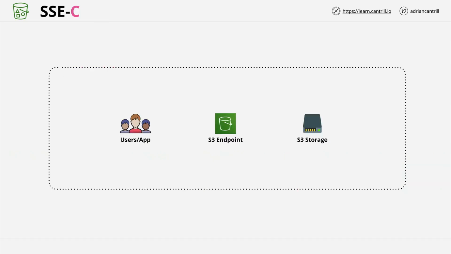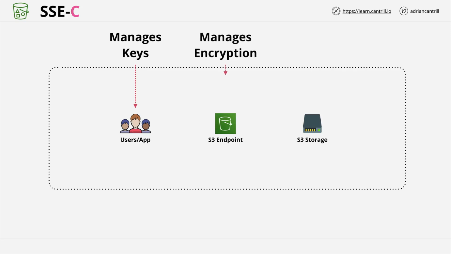With SSE-C, the customer is responsible for the encryption keys that are used for encryption and decryption. And the S3 service manages the actual encryption and decryption process. So the first major change between client-side encryption and this is that the S3 service is handling the cryptographic operations.